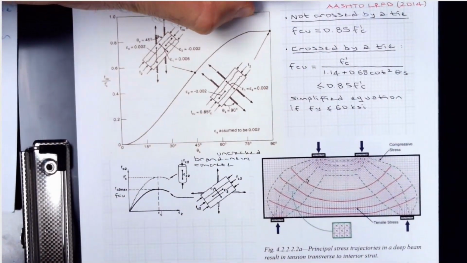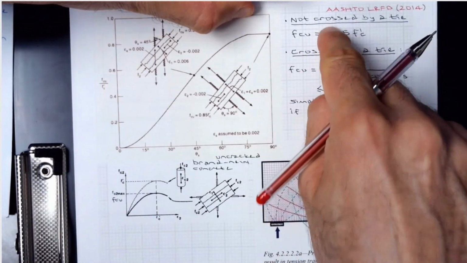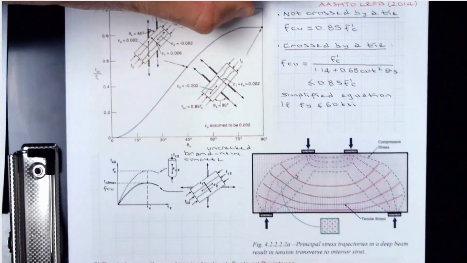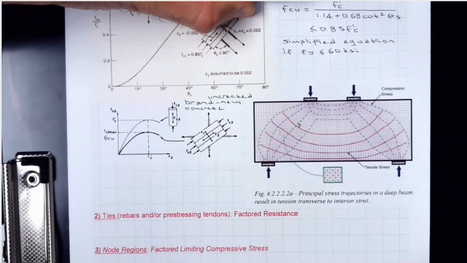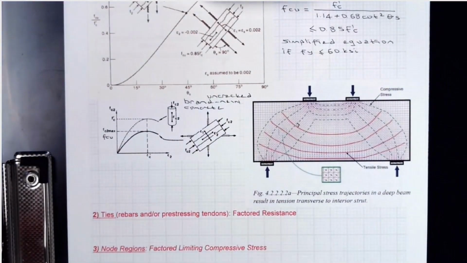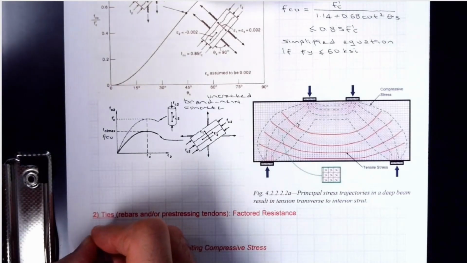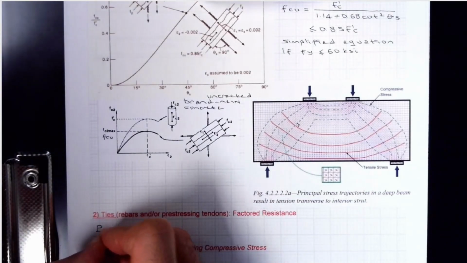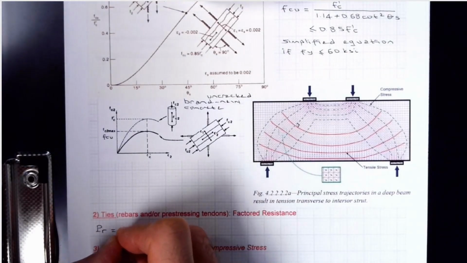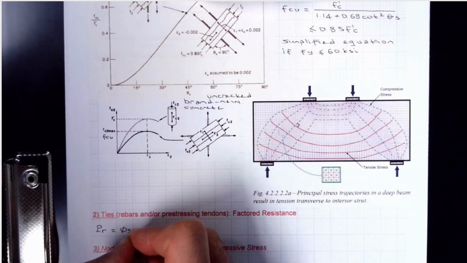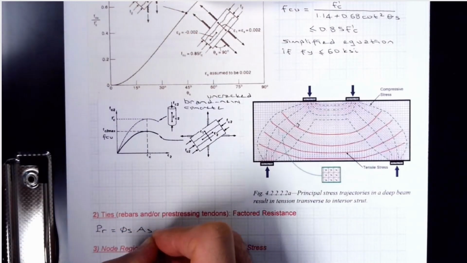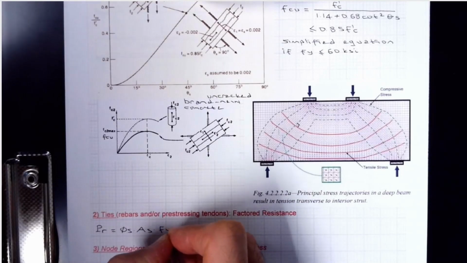Pretty much it for struts. So 2 situations: not crossed by a tie, crossed by a tie. The second one is tie capacity, which is super simple. Again, as I said before, capacity of a tie would be phi s times area of the bar, which is total area, times Fy. That's pretty much it.